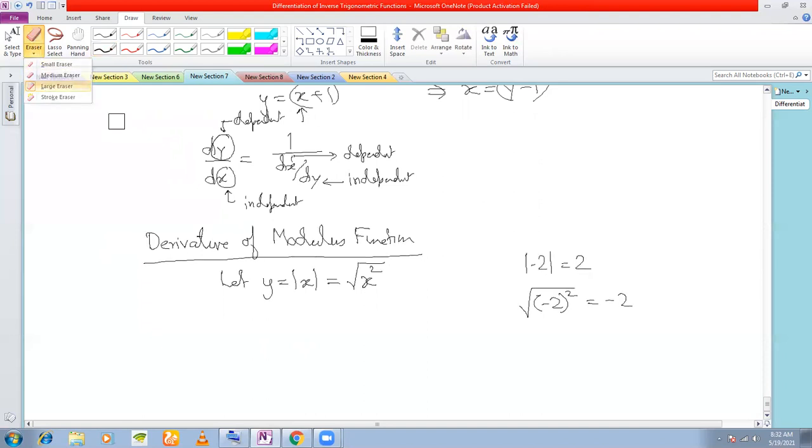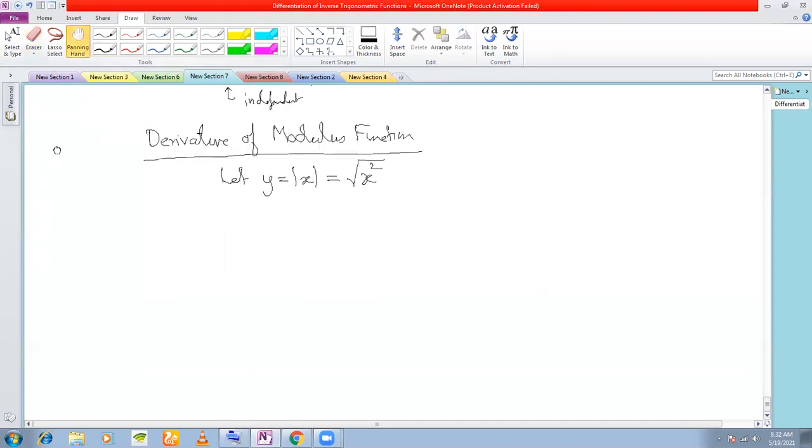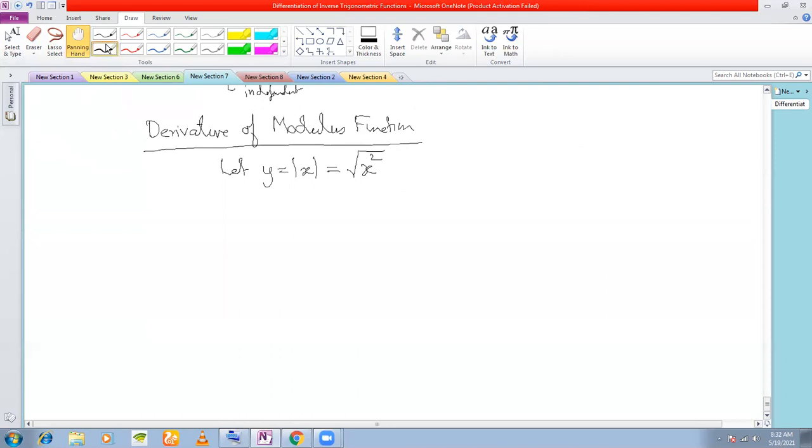Sorry, square root of 4, which is 2. So if you see, mod of minus 2 or the square root of minus 2 square, we are getting the same answer 2. So therefore, these two must be equal. Whether I take y is equal to mod x or y is equal to square root of x square, it is the same thing.